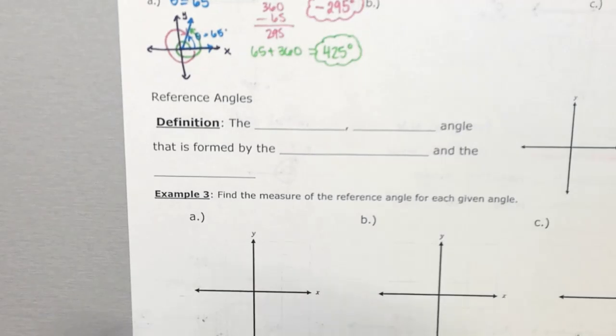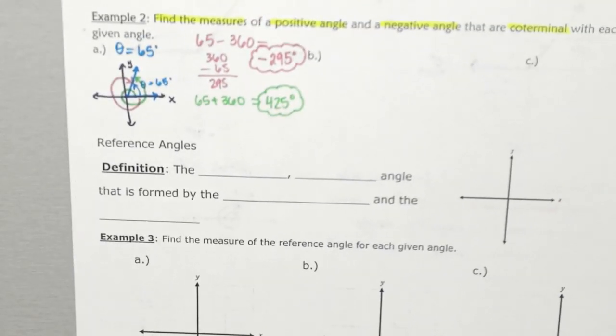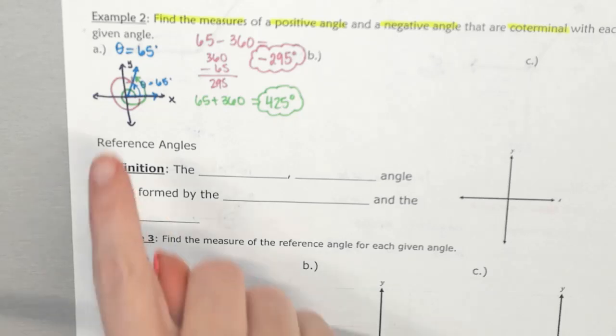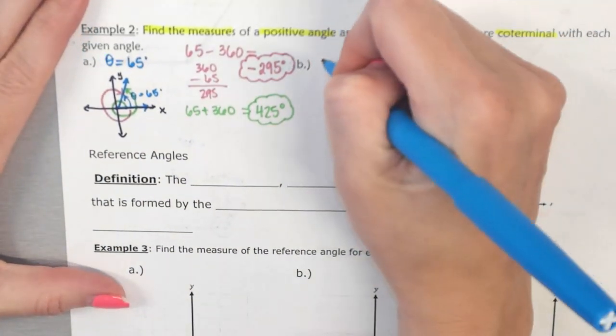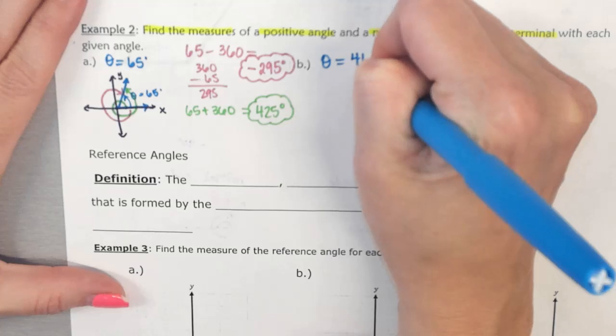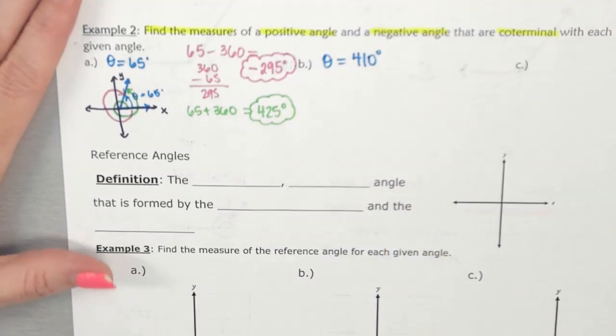So now we have one positive and one negative. Again, you do not have to draw the picture for each one. I just want you to understand what coterminal angles are.